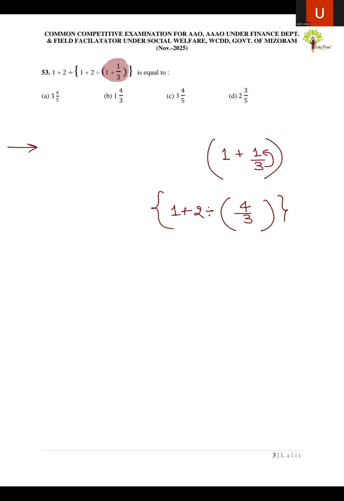As a division sign is there, we can write this complete thing as 1 plus 2. Now this is a division sign, just make it a multiplication sign and reverse the fraction. This will be 3 by 4.